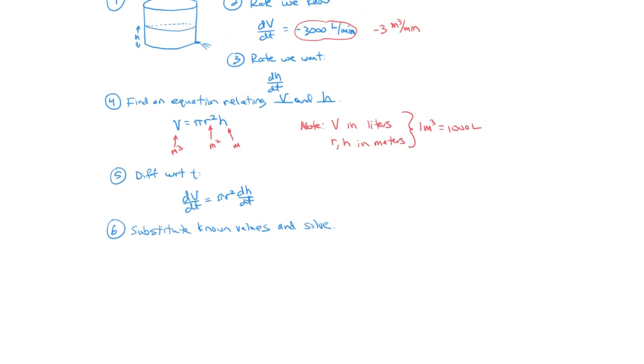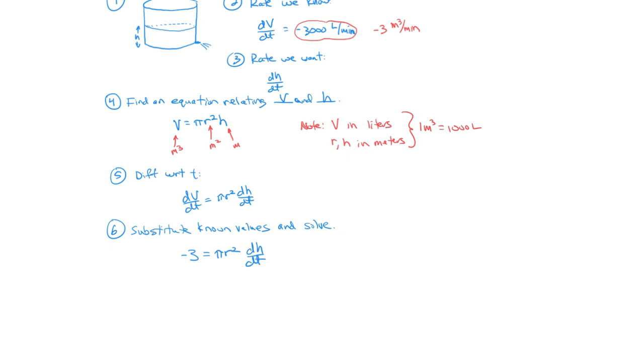So let's get a picture here. dV/dt is -3, so we substitute known values, so we have -3 equals pi r squared times dh/dt. So basically, if I want to get dh/dt by itself, I divide both sides by pi r squared, right?